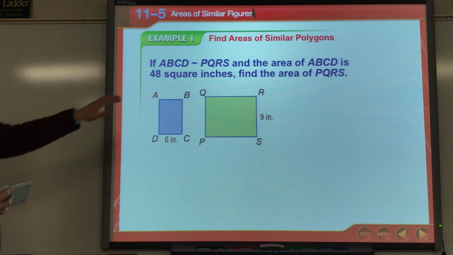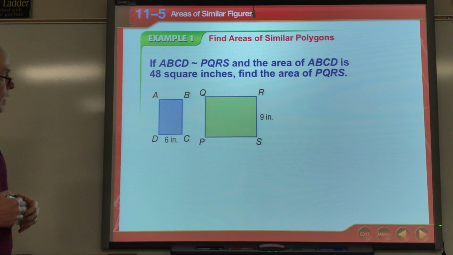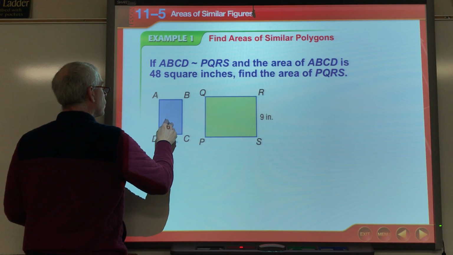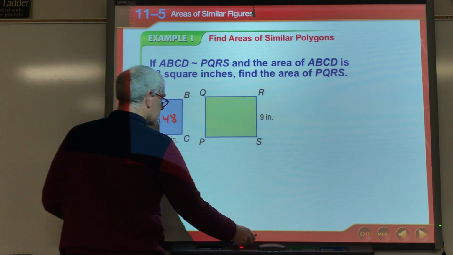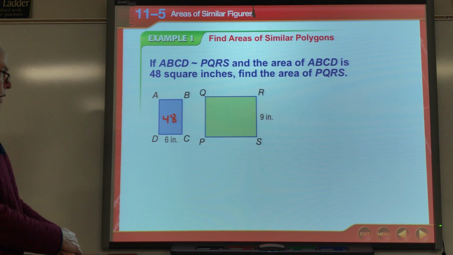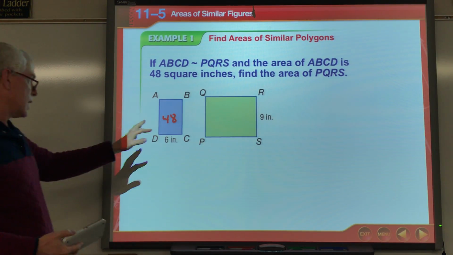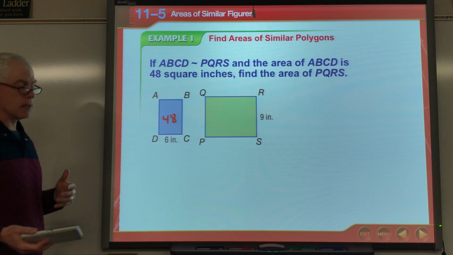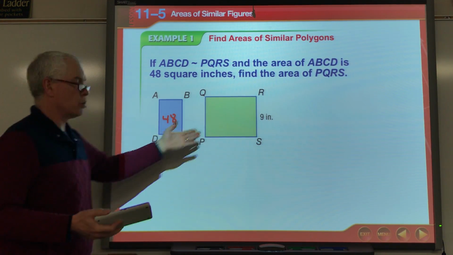It says here that the two figures are similar and that the area of ABCD is 48. So I'll go ahead and put 48 inside here to remind us that that's the area. Find the area of PQRS. So the ratio of the sides is 6 over 9 or 9 over 6, however you want to look at that. And we can simplify that to 2 over 3.